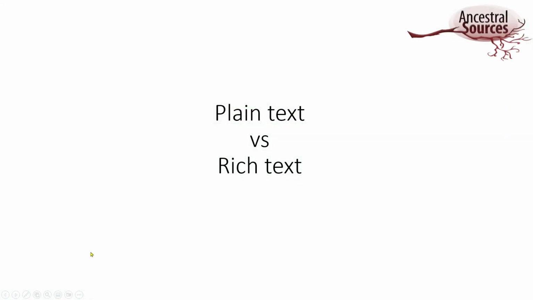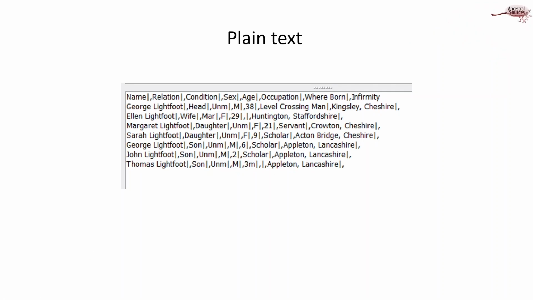And finally, plain text versus rich text. We're talking here about transcribing data, and prior to Family Historian 7 and Ancestral Sources 7, the only option available to us was plain text. And by plain text, I mean all we could use were letters, digits, characters.